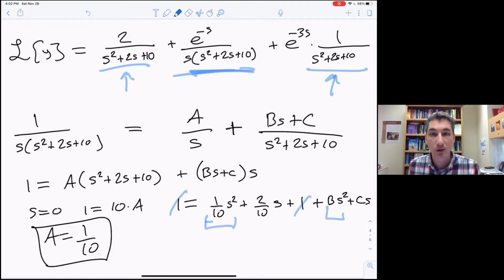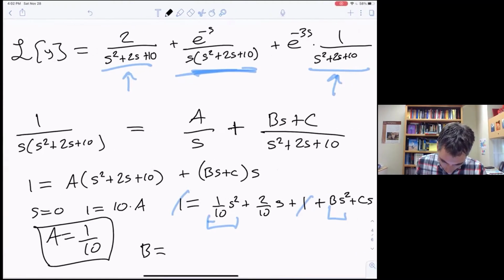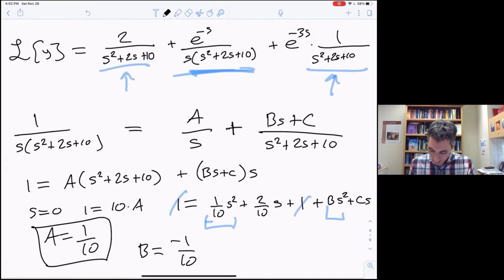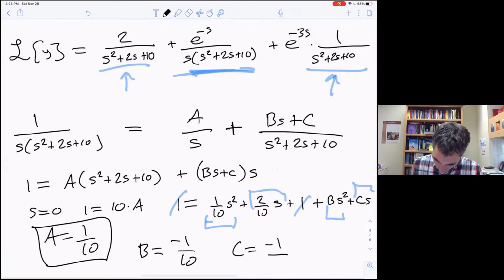You don't have any s squareds on the left-hand side, so you're going to need B to equal negative 1/10, so the s squareds cancel. And then for C, you've got 2/10 of an s, and then you have Cs. So that C is going to have to cancel out that 2/10 of an s. So C must equal negative 2/10, or negative 1/5.